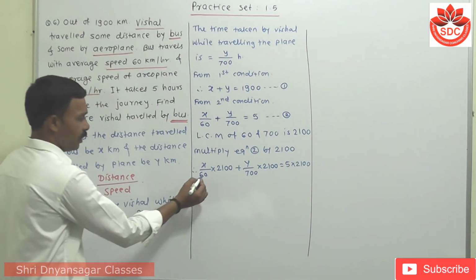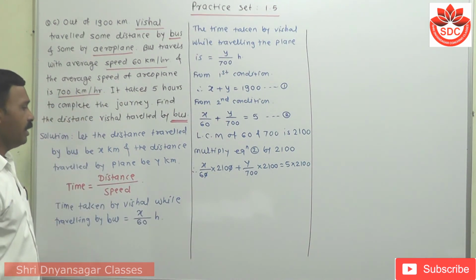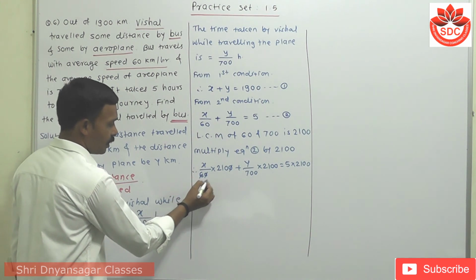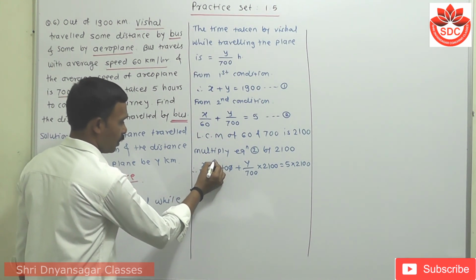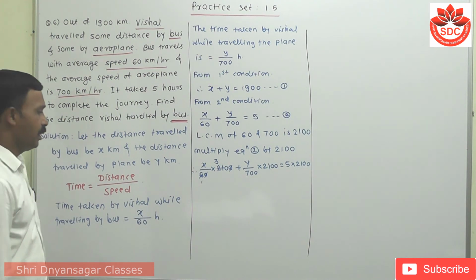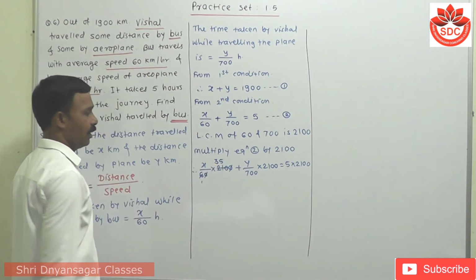Now the 0s get cancelled. Then we can simplify by using 6. 6 1s are 6, 6 3s are 18, carry 3, then it becomes 30. Then 6 5s are 30.